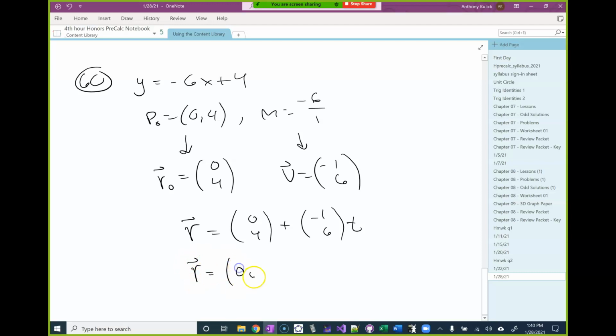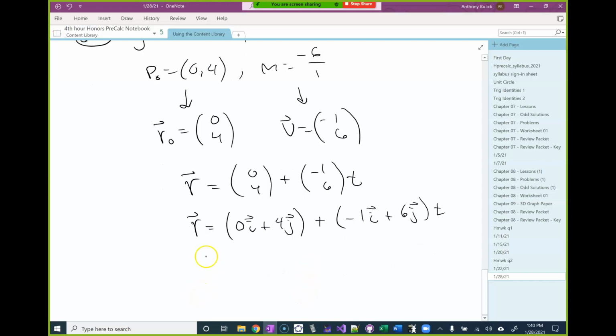So to turn it into the linear combination form, all I do is I tack on the i to the x component and the j onto the y component and turn it into an addition problem. And then usually we group the i's together.